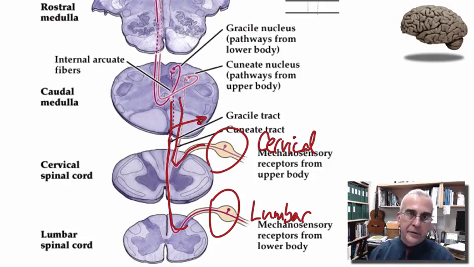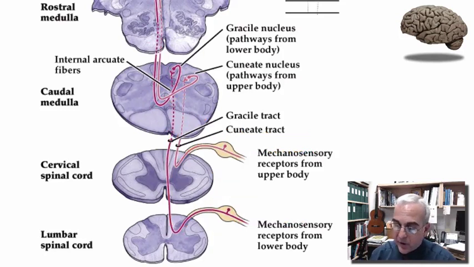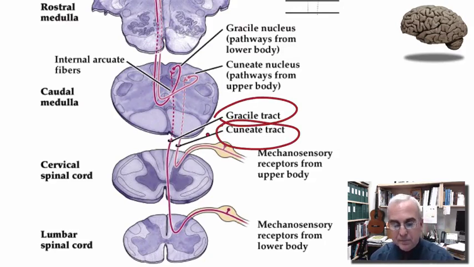As a result of this progression, in the cervical spinal cord, we recognize a division of the dorsal column into two parts. There is a medial gracile tract and a lateral cuneate tract. We'll see them shortly in Sylvius. These two pathways run the length of the spinal cord. The gracile tract runs the entire length.